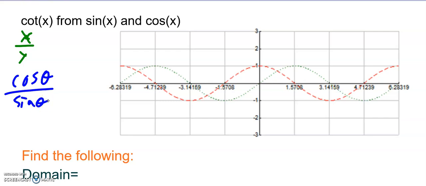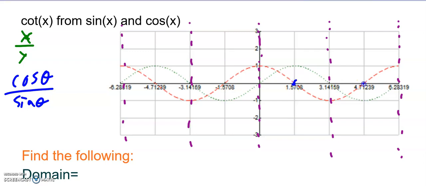So what does the actual cotangent graph look like then? Well, anywhere that the sine function is 0, cotangent is going to have a vertical asymptote because it will be undefined. So I know that these are going to be asymptotes. Anywhere that the cosine function is 0, so wherever the red curve is 0, the cotangent function is also going to be 0.